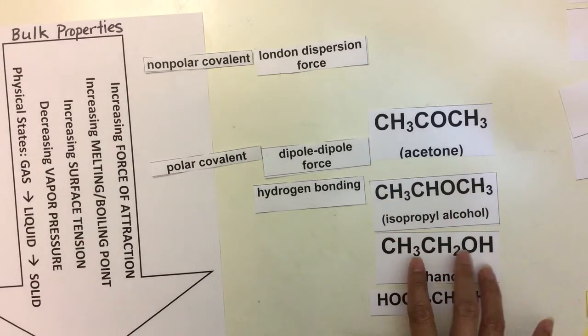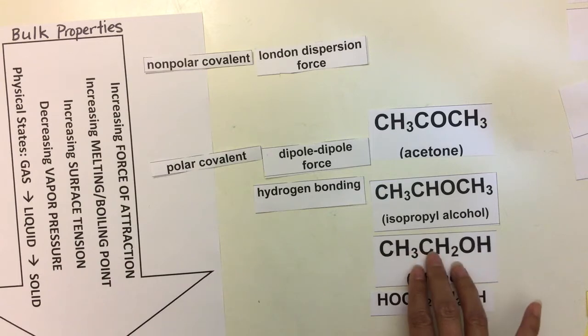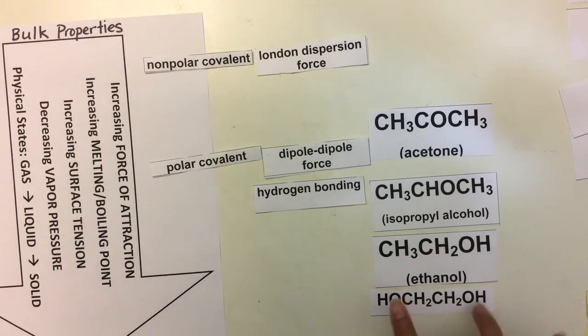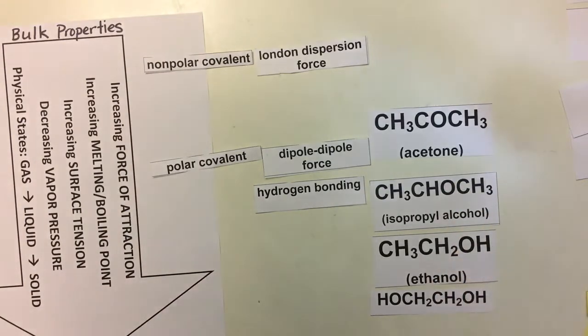This one you have hydrogen bonding at the end with nonpolar ends right here in this alcohol, and then this you have the hydrogen bonding on both ends of this ethyl diol. Okay, and so this is the ranking order of your polar covalent substances.